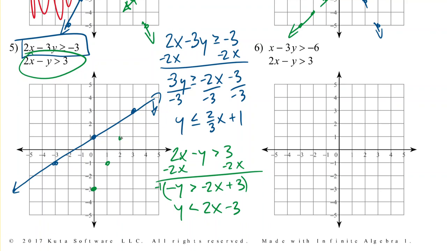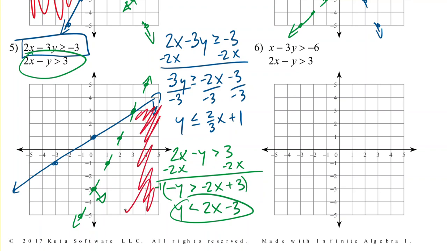Slope is 2. Don't have the equal symbol, so we're going to use a dashed line. And we're eating the rest of the equation, so we shade the bottom. So what's below both of these lines? Right there.